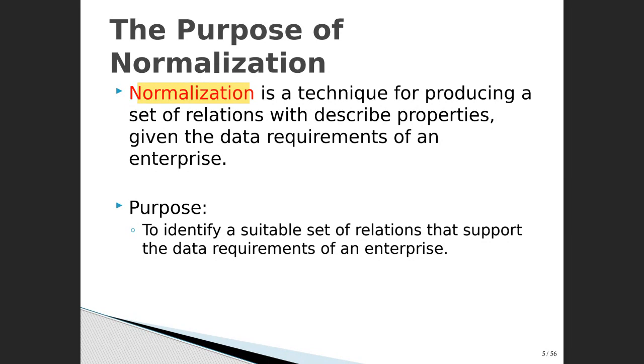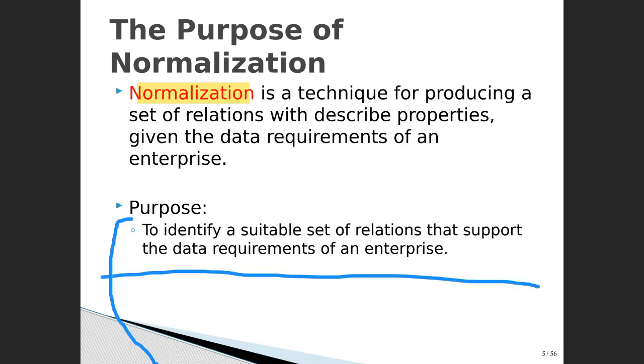So, identify a suitable set of relations. This is the main point here. The main purpose is identifying a suitable set of relations. Suitable means there will be no repeating groups, no redundant data, and it will be tested under a series of normal forms. So this is the meaning of normalization.